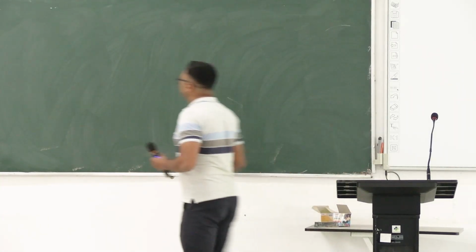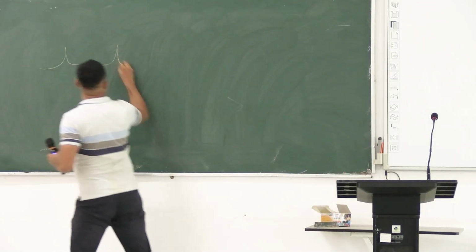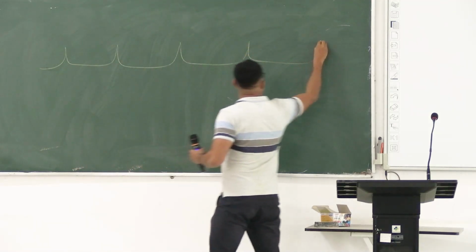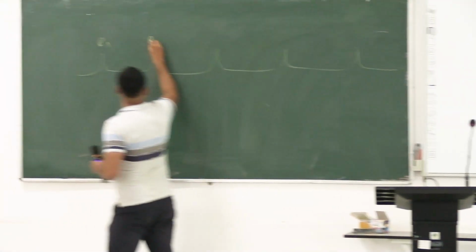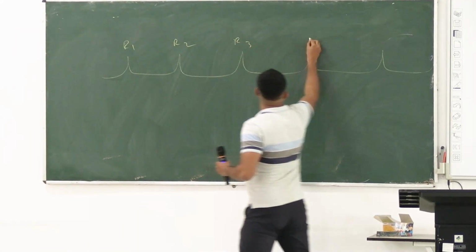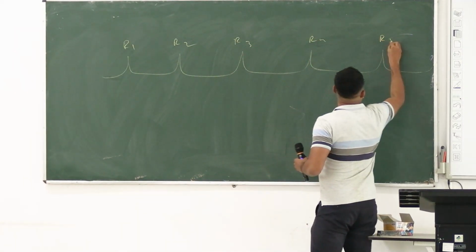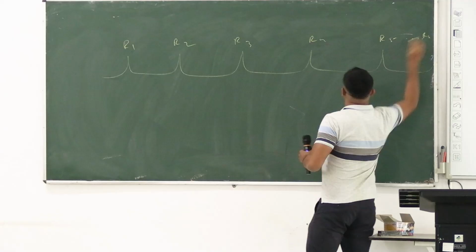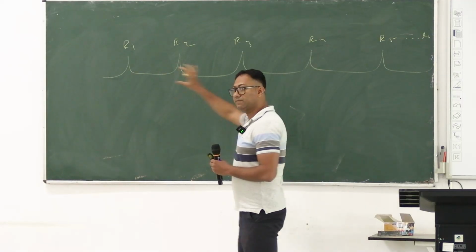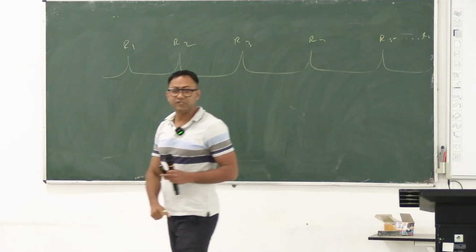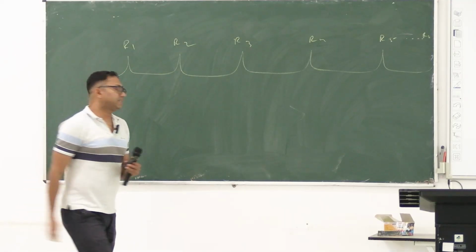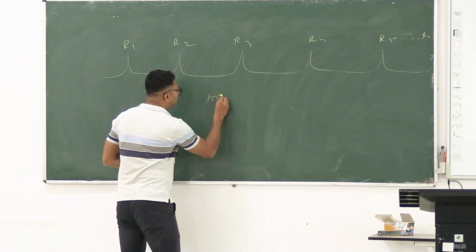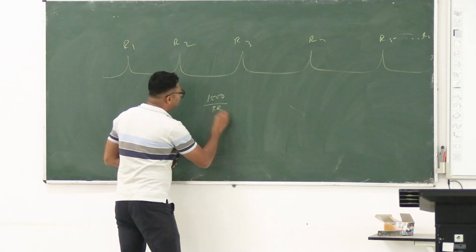So say for example, this is R, in this way: here is R1, R2, R3, R4, R5, Rn. So we have a long strip recording of your ECG lead 2, and the formula of heart rate is 1500 divided by the RR interval.